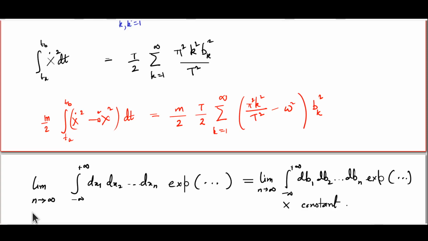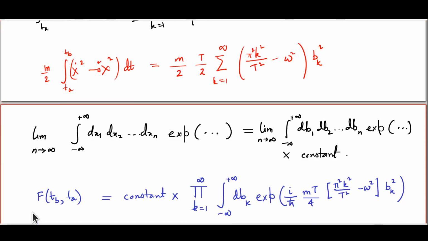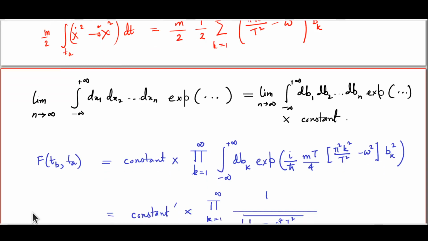So right now, the integral that we wanted to do, the discretized integral to calculate F of tb comma ta, can be replaced by an integral over the b's. But we will not get a complete expression out of this, basically because we will have an overall multiplying constant.